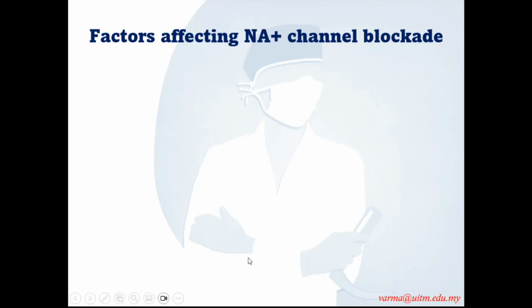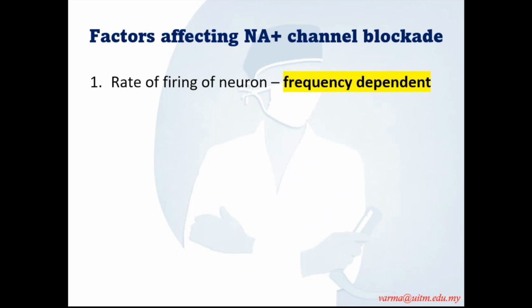So this is where a few terms come in which involve these different states of sodium channels. First, rate of firing of neuron, frequency dependent. If the nerve is very frequently firing, it means it is moving from activation to inactivation to rest, and LA will most likely go and block that nerve first, because they have more affinity towards activated and inactivated states rather than the resting state.